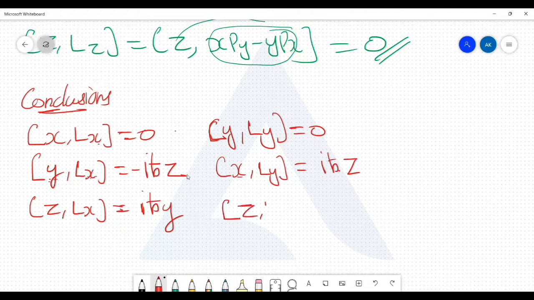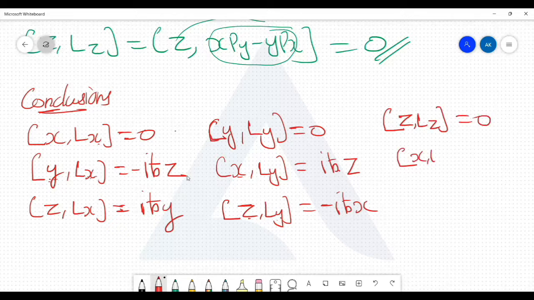Now, Z Ly will be iħ cross X. It is Z Y, so it is reverse order. Therefore, minus. Then finally, you will have Z Lz, that is 0.